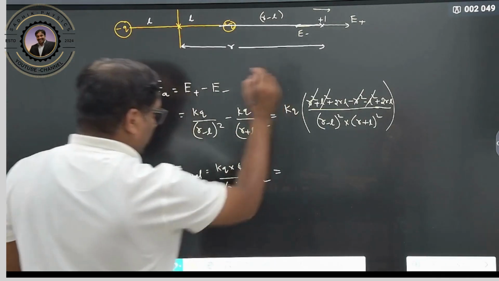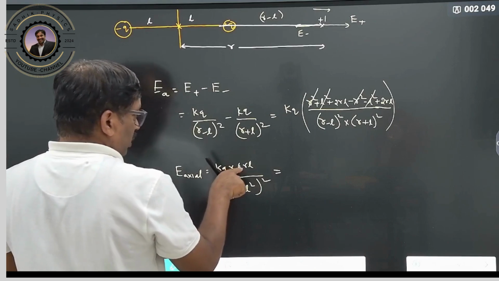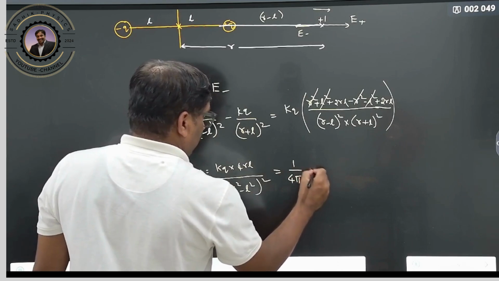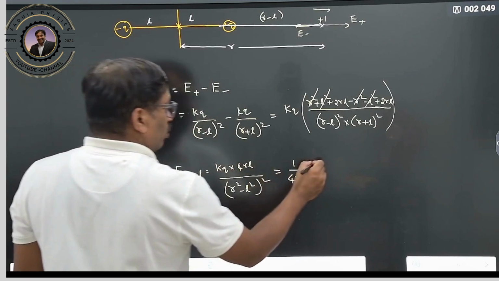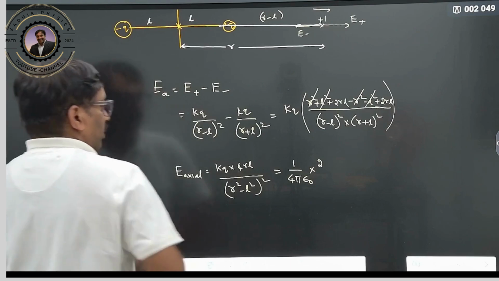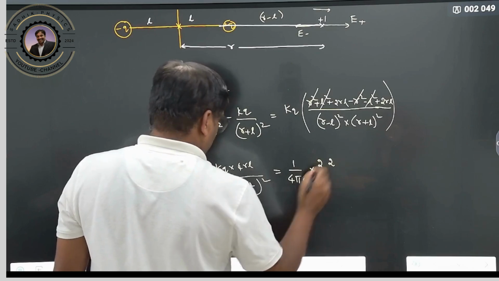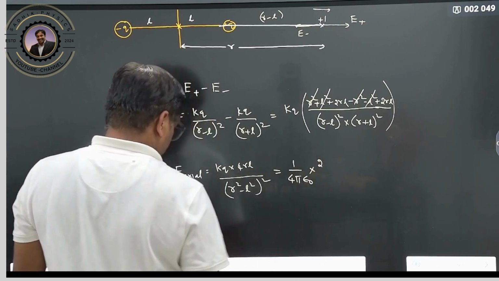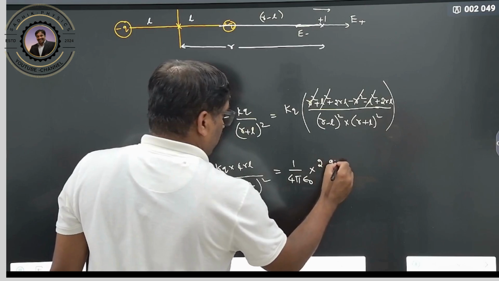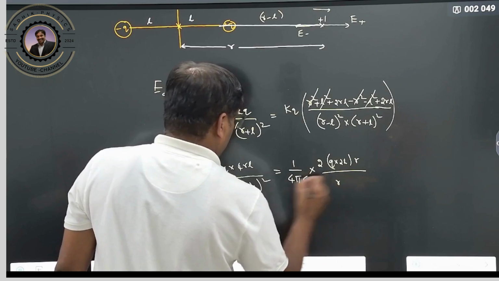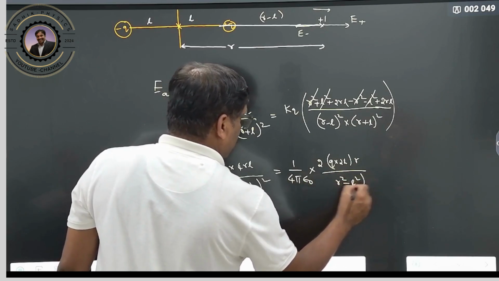We can rewrite it as 1 by 4 pi epsilon naught, the K value, into Q into 2L into 2r divided by (r square minus L square) whole square. Q into 2L is nothing but the dipole moment. So along the axial line, E is 1 by 4 pi epsilon naught into 2 P r divided by (r square minus L square) whole square.